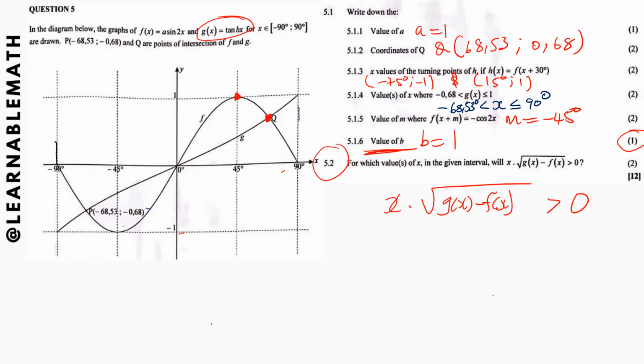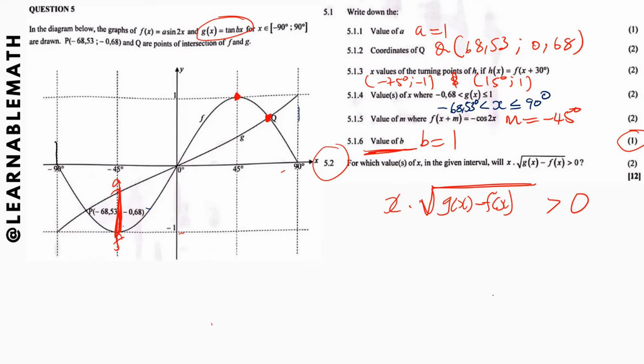Okay, so don't be intimidated with this. g of x minus f of x basically means where one graph is on top and the other one is below, right? But with the square root here, this is like the vertical distance between the two graphs, g and f. Can you see? This is your g, this is your f.